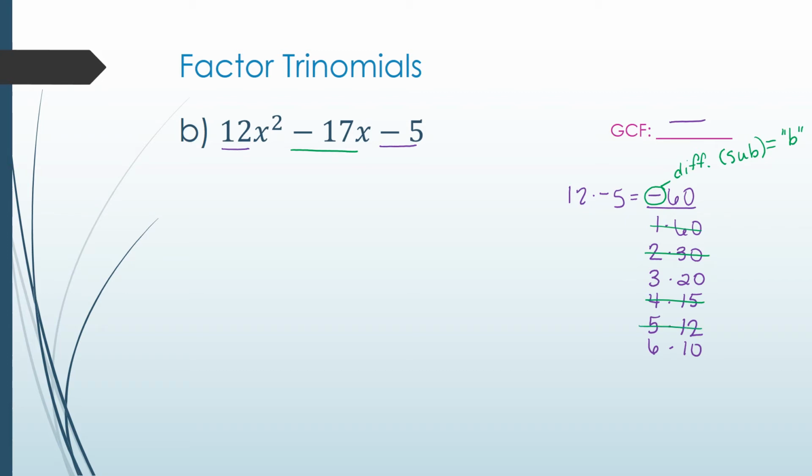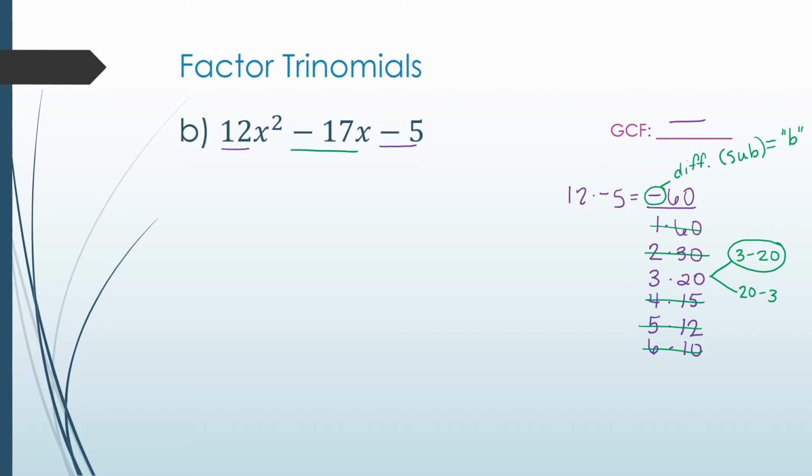That does not give you 17. 6 and 10? Nope. So 3 and 20 looks pretty promising. Now we have to decide, is it going to be 3 minus 20 or is it 20 minus 3? Now the result has to be a negative 17. So it turns out our pair is going to be the numbers 3 and negative 20.